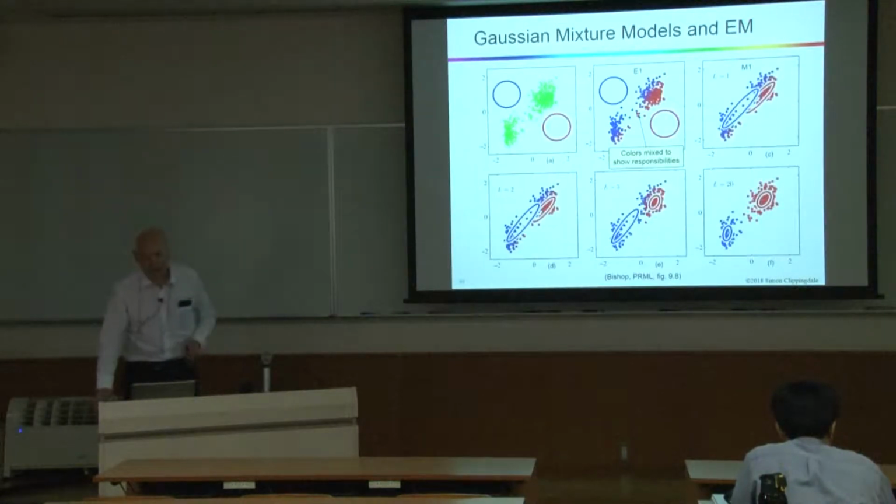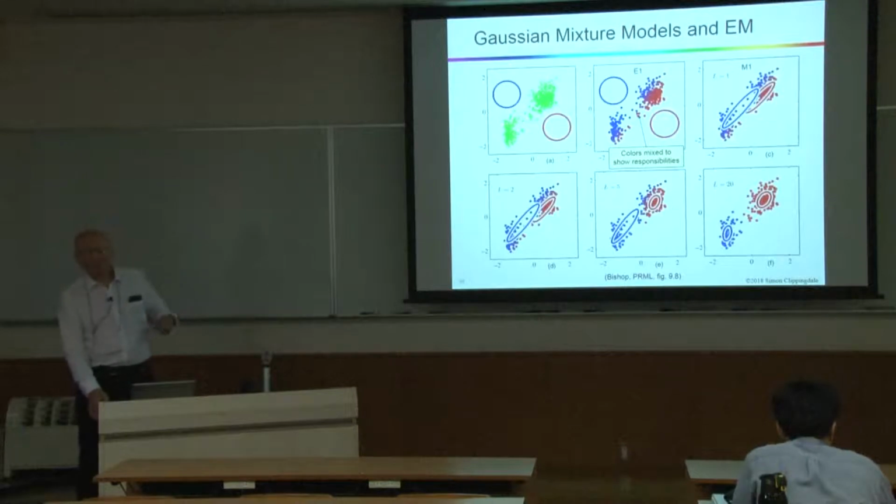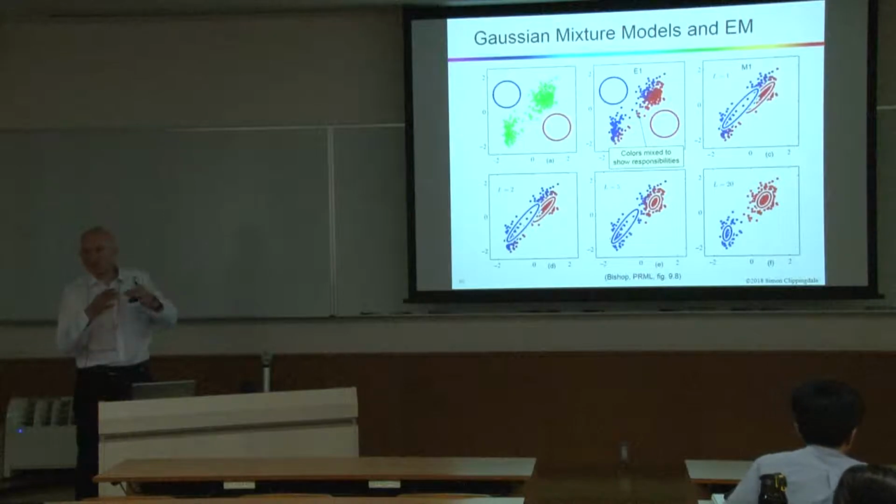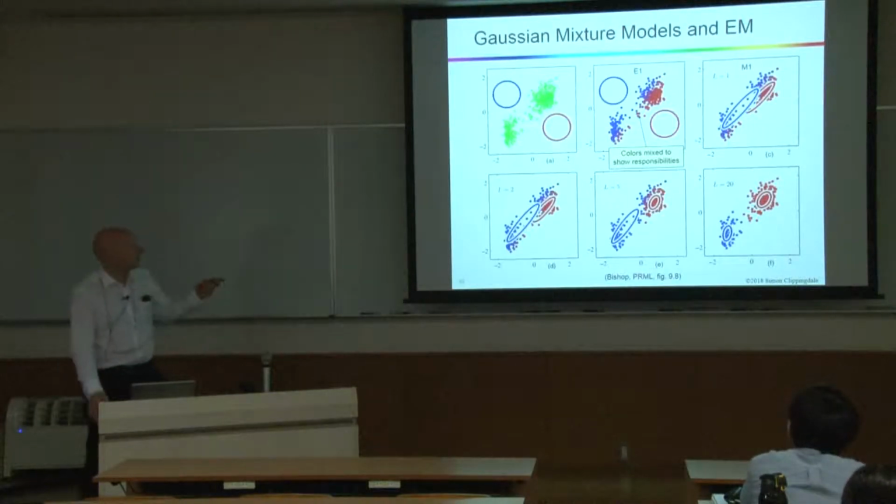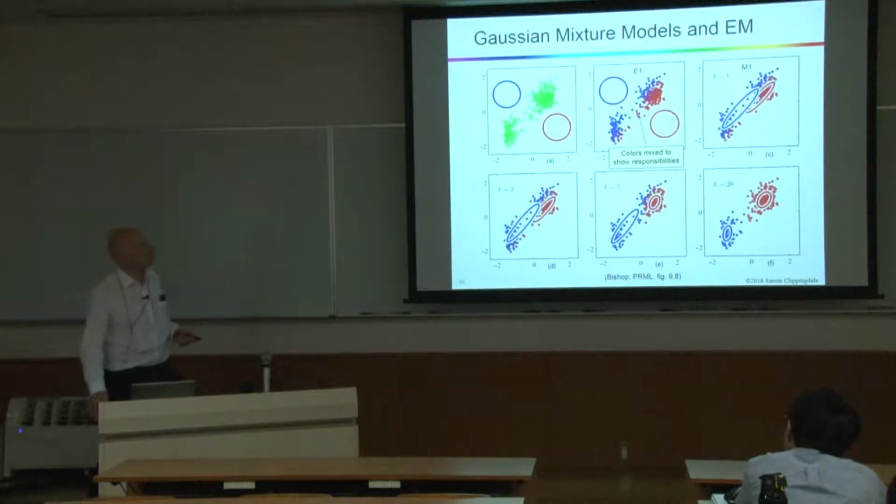Okay, again in pictures, using the same data. Now instead of just a centroid at each class, we've got a Gaussian distribution which starts off being circular. We start with the covariances being symmetrical. So the first E step, we assign each point not to one or the other class, but probabilistically. We have a probability that it came from the blue class and a probability that it came from the red class.